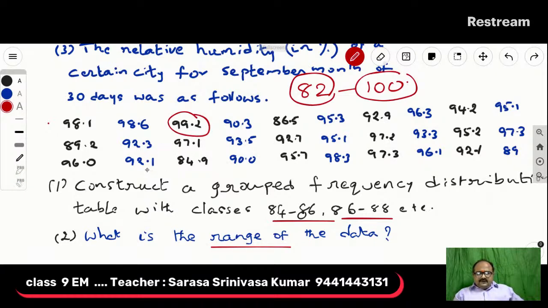Let us observe the minimum value. So it should be near to 82. So here is one value. Here is one value. So this is not least. This is also not least.